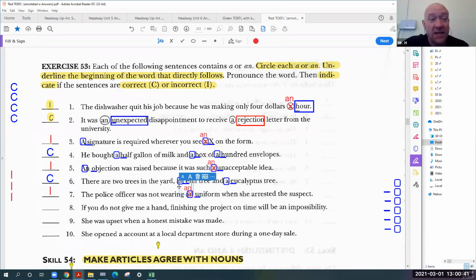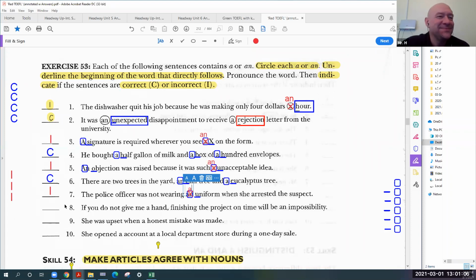Use is a consonant sound, right? Yes. All right, Mustafa. It should be a. It is correct. It's already an. Oh yeah. Sorry. You're right. Good. A uniform. I was just testing you.